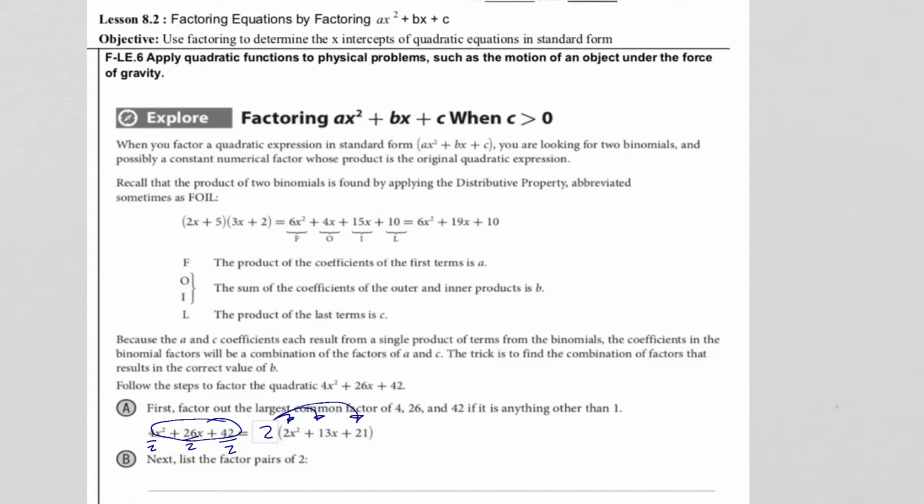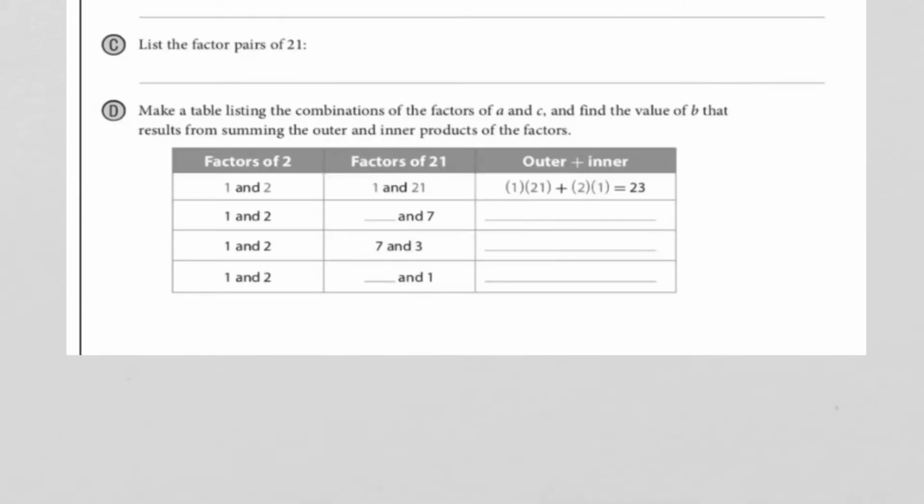So let's scroll down the page. We pulled out the 2, and I'm just rewriting it here so I can see it for myself, but of course you have it right above you on your page. 2x squared, 13x, and 21. So we have to figure out, what are the pairs of factors of 21?